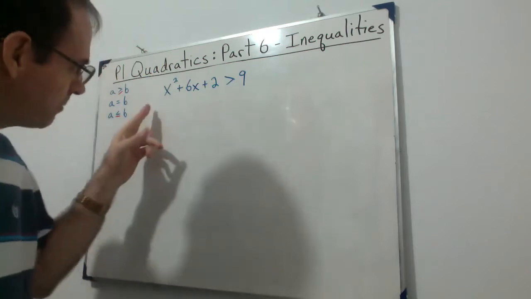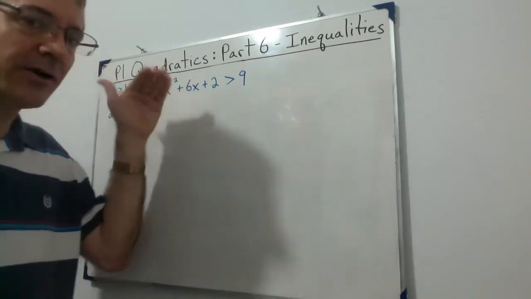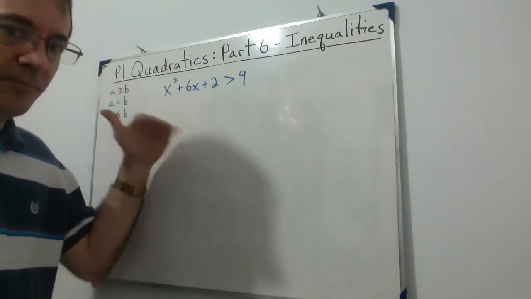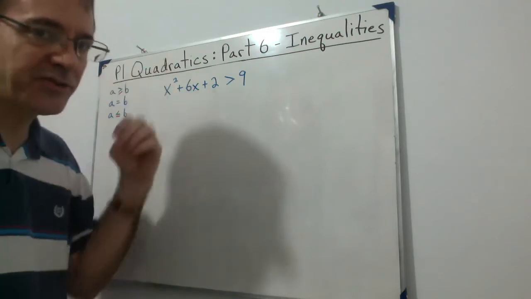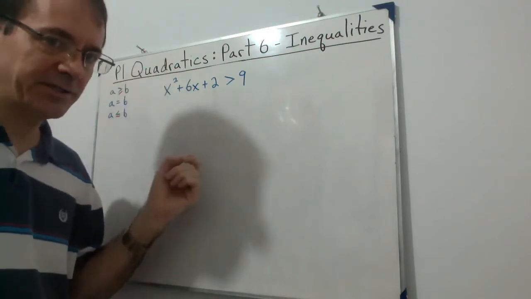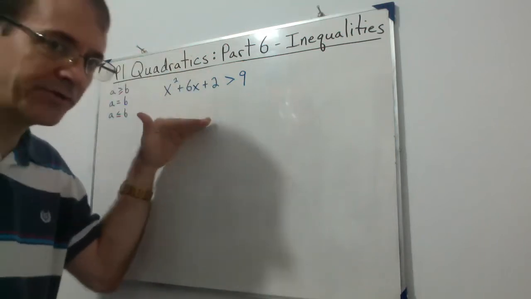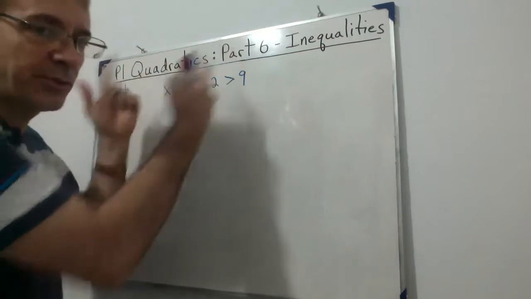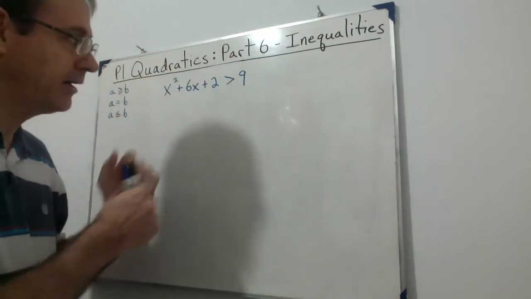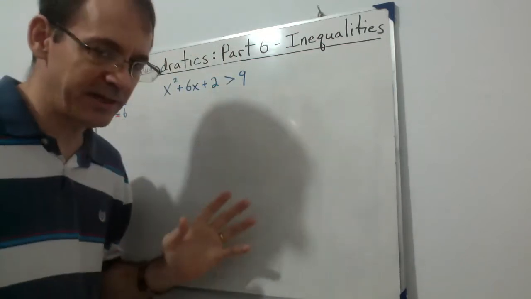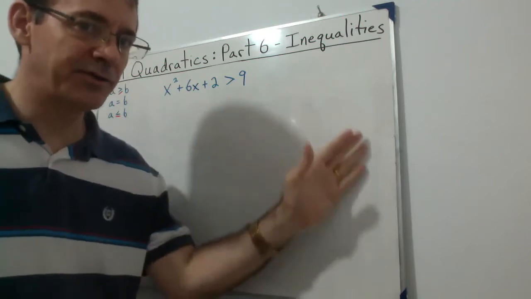Now, sometimes these questions are a follow-up to a complete the square question. So if you've already done completing the square before this step, then you can use the result of your completing the square and solve the inequality in a slightly different way.